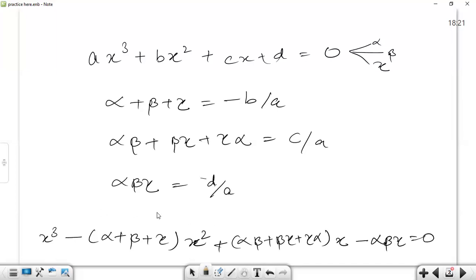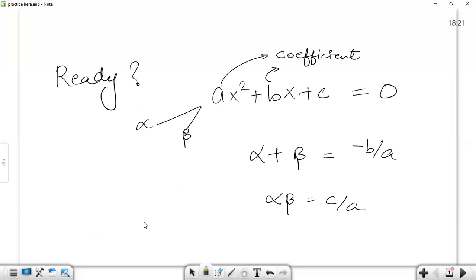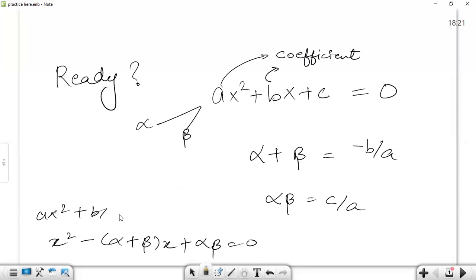Going back, discussing the quadratic equation. Now, please note the difference between these two. This is where students get confused and mark wrong answers with different signs.